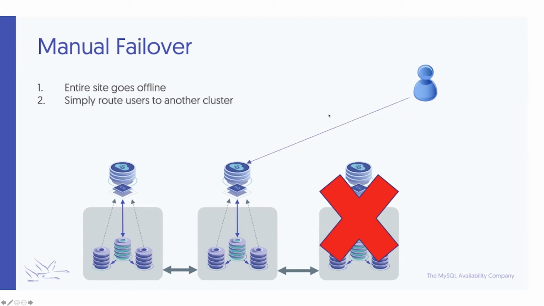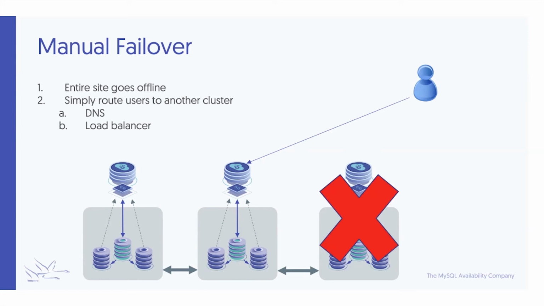We just simply need to reroute those users to another working cluster. There are a couple ways of doing that. We can use DNS, just have it point to another cluster. Or maybe we have some load balancer that's doing all the routing for us, and we just tell the load balancer to route to another working cluster.